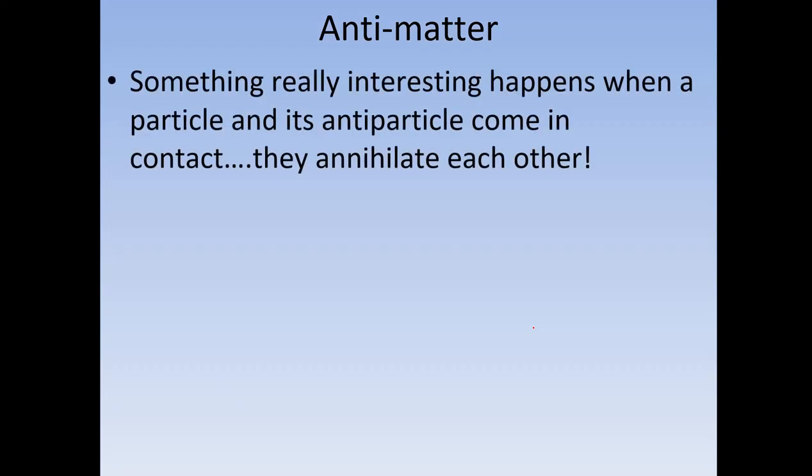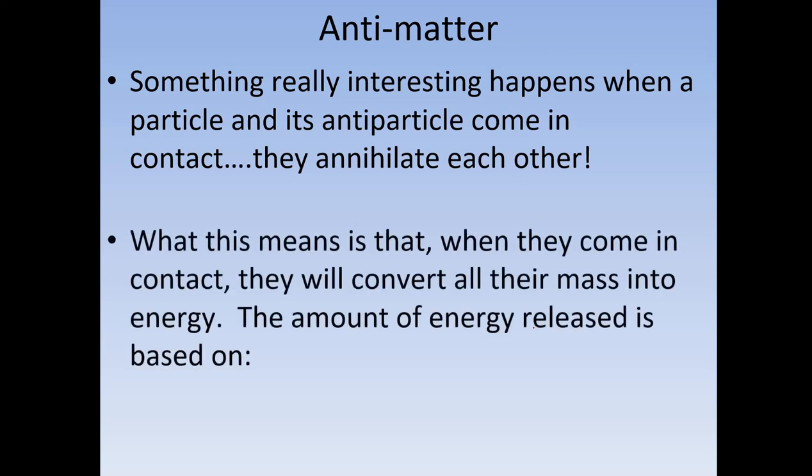All right. So going back to what I said before about how you can't put an up and an anti-up together. You can't put a particle and its antiparticle together because when they come in contact, they actually annihilate each other. They completely destroy each other and turn all their mass into energy. So the amount of energy that gets released is equal to mc squared.